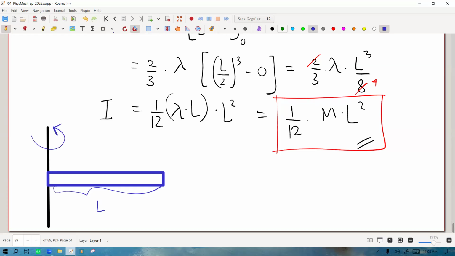Then I can calculate the new inertia. This one is the inertia at the center of mass. So by using the parallel axis theorem, we can find it.